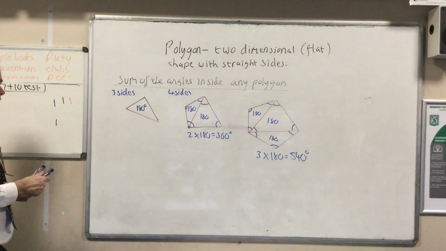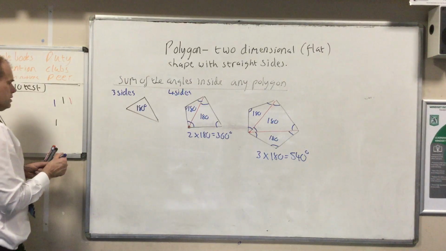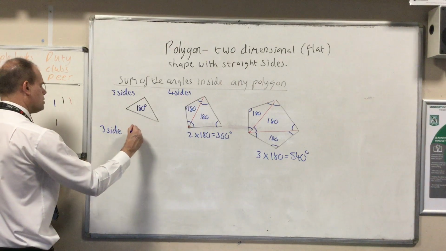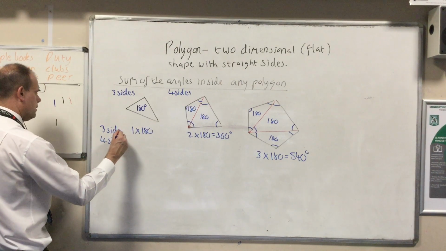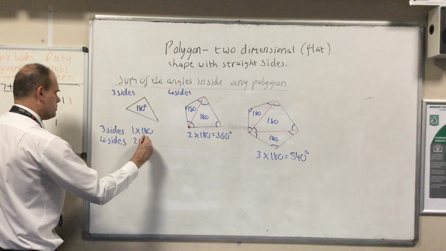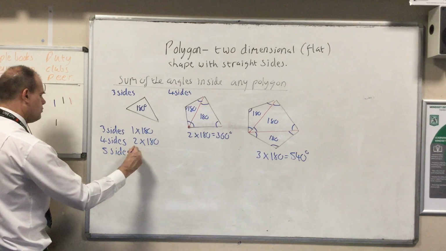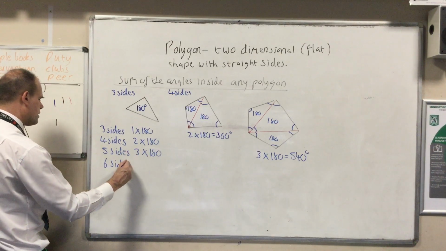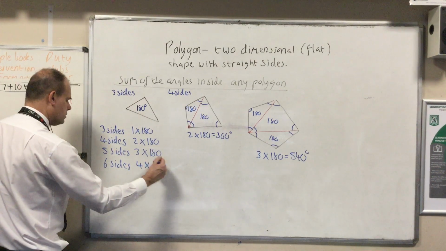Some people remember it different ways here. So we went on to do 6, and what we found out was, if you've got a 3-sided shape, you can split it into 1 lot of 180. When you've got 4 sides, which we've just done on the board there, you've got 2 triangles, 2 times 180. 5 sides is going to be 3 times 180. And then obviously 6 sides, no need to draw a diagram, you can see the pattern going 1, 2, 3. It's going to be split into 4 triangles, 4 times 180.